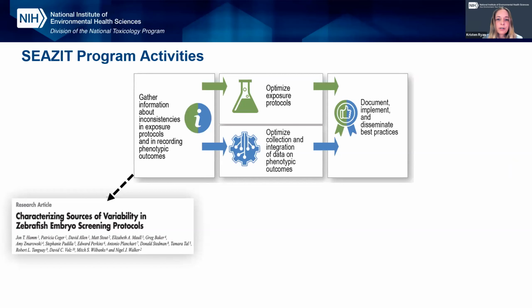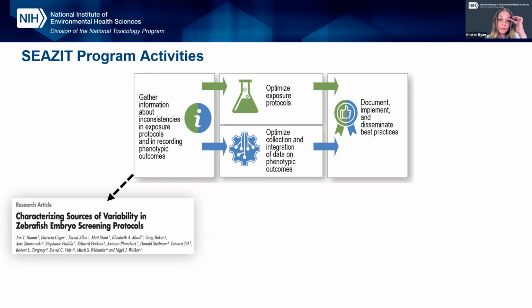And so the SEAZIT program evolved after an initial information gathering session, which included investigators in academia, industry, government, and a variety of other labs that routinely use zebrafish for chemical toxicity testing. We learned a lot through our discussions with them, through workshops and literature reviews, and published a summary of some of the major sources of variability across zebrafish protocols for developmental toxicity specifically.